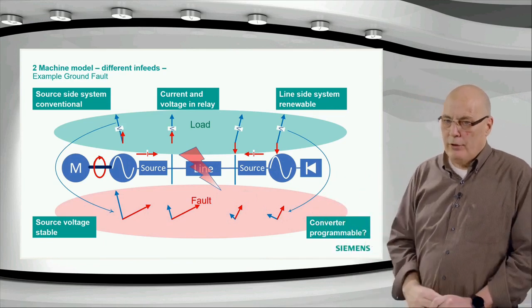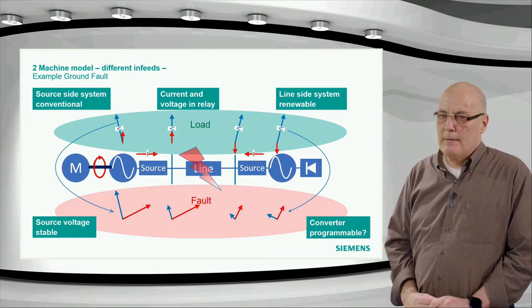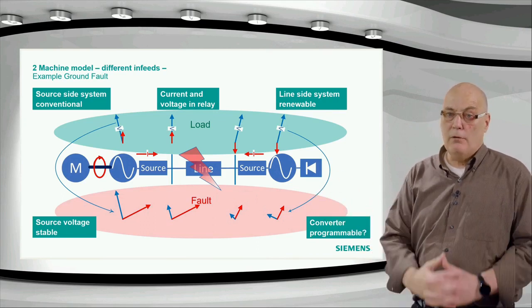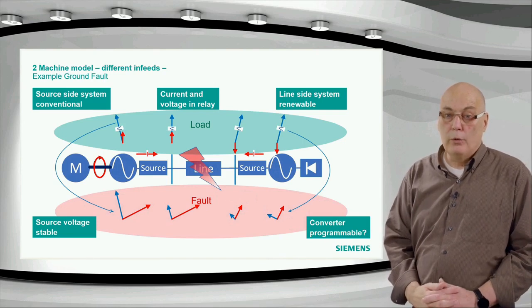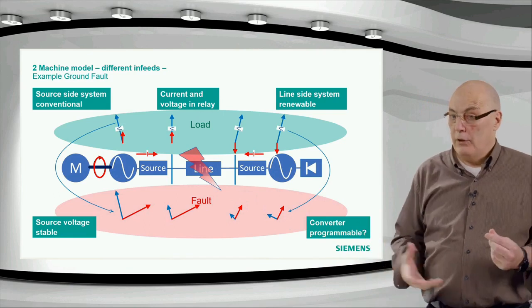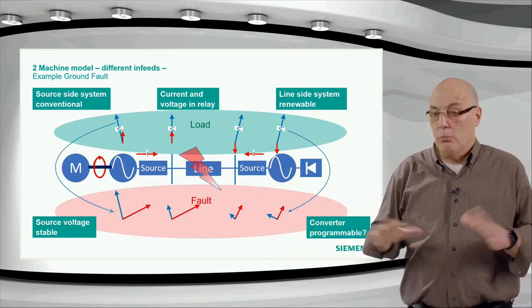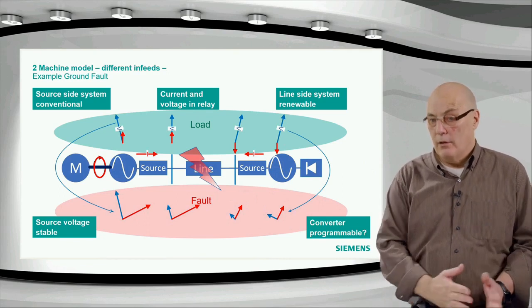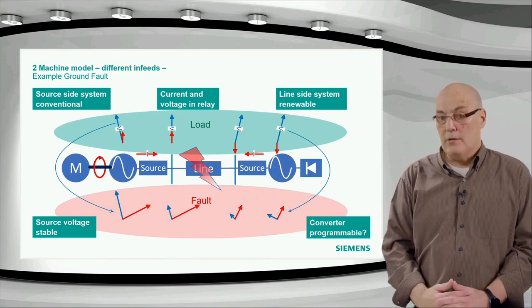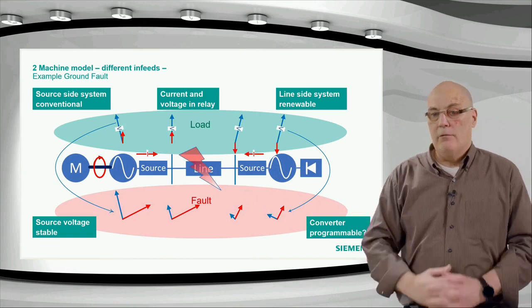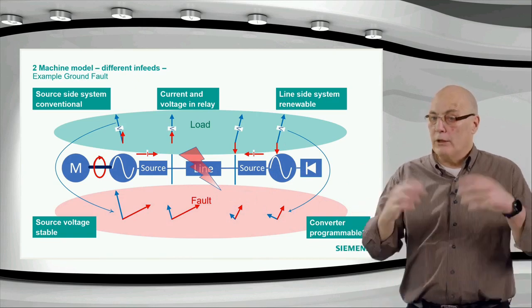On the inverter in-feed side, it is more difficult, because the inverter needs some algorithm, some software, to tell it what to do when the fault happens, and the voltage is going to disappear. There were cases where you simply shut down the inverter, saying we don't know what's happening. It was a very common technique in the early days of renewable in-feeds: if the voltage goes away on the network side, the inverter in-feed is shut down to wait for the voltage to come back and then reconnect.